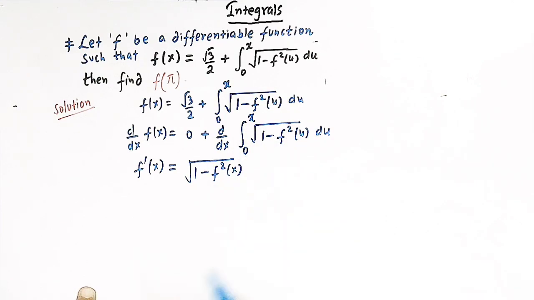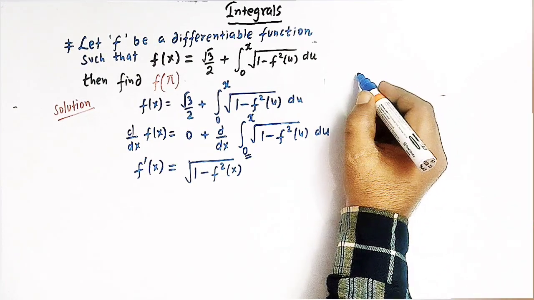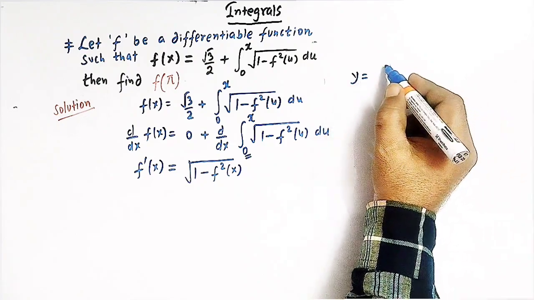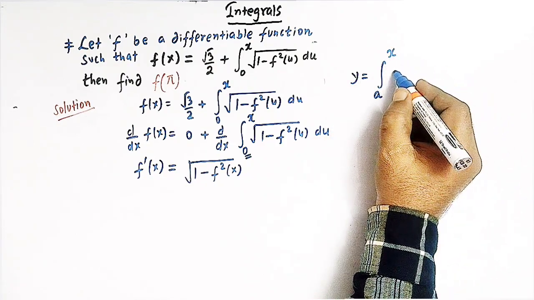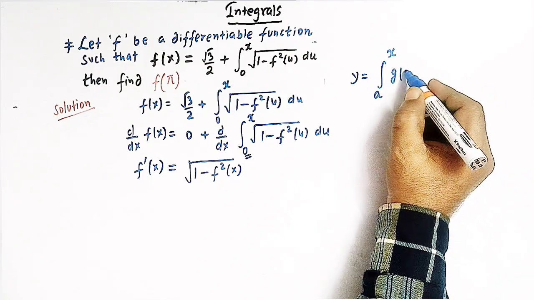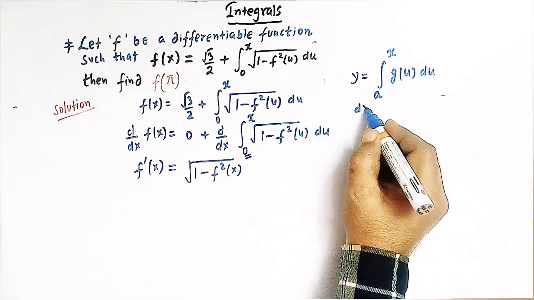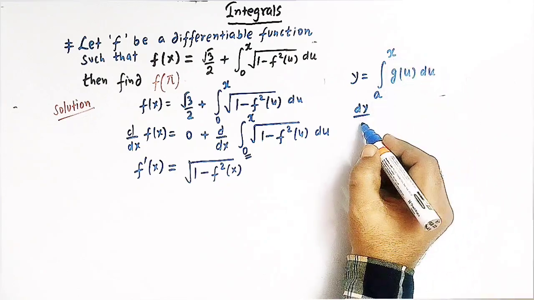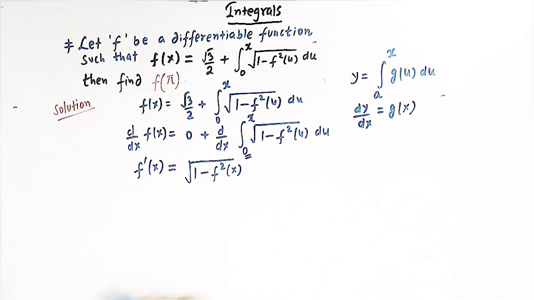So here we have used an important result from definite integrals, which says that if we have a function, say y is equal to the integral from a to x of g of u du, then the derivative of y with respect to x is simply g of x, right?